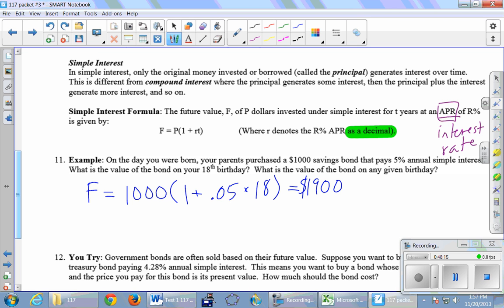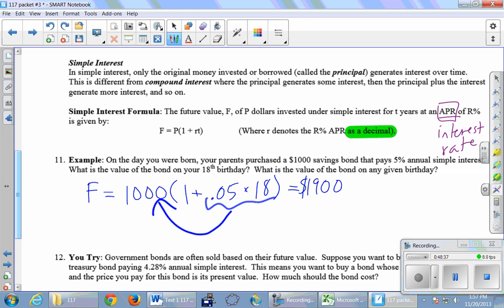And I know it's just another formula, but I'm hoping it's not really one of these mysterious formulas where you just take my word that it's true, but it's reasonable. This 5% times 18 is just saying how many times do you get that 5%? You get it 18 times. And so we're going to take however many times you got that 5% and give it to you. You started with $1,000, great. We're going to give you 5% interest 18 times.